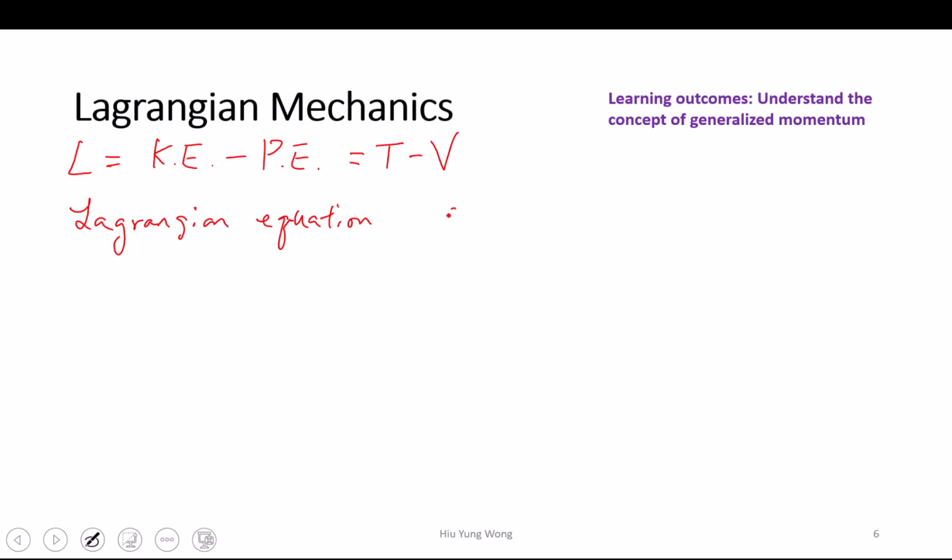What is this? It says d/dt of partial L over partial q dot minus partial L over partial q equals 0. And maybe I should add i, because you might have different i, right?